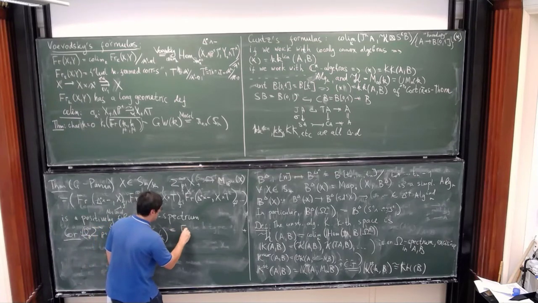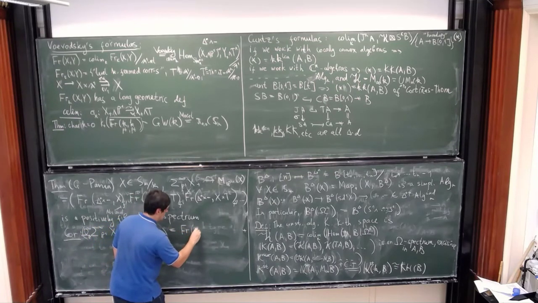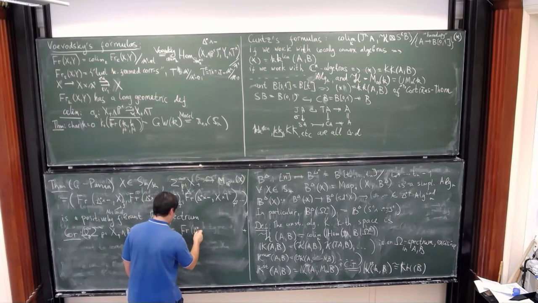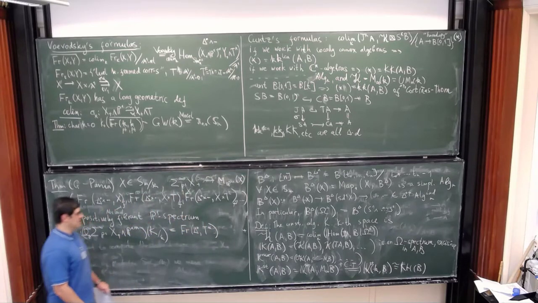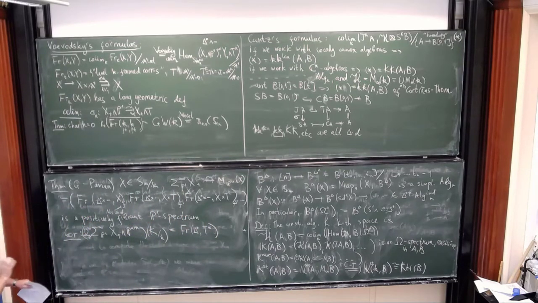It is Fr Delta, Fr Delta T to the power m. A very explicit simplicial set. Let me stop here.